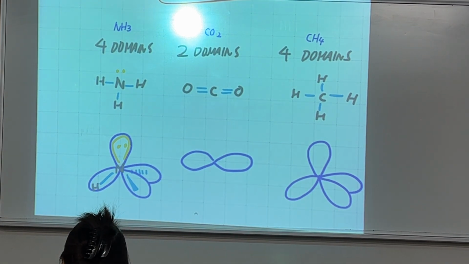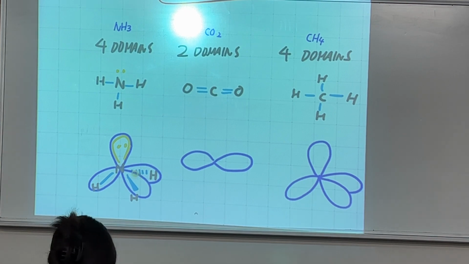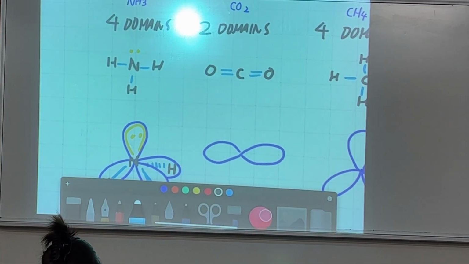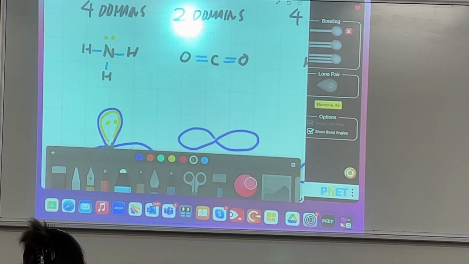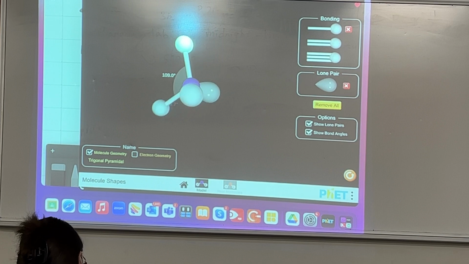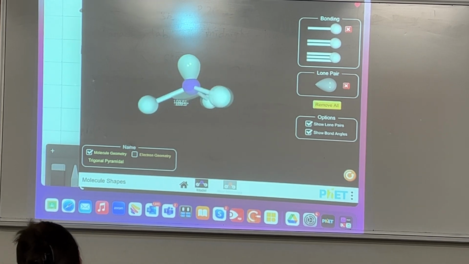So we have NH3. And then these are the bonding domains, you see. Do you remember the shape of this molecule? Let me pull out the simulation, it is still here. So let's go back to what happens when we have 3 bonding domains and 1 non-bonding domain.